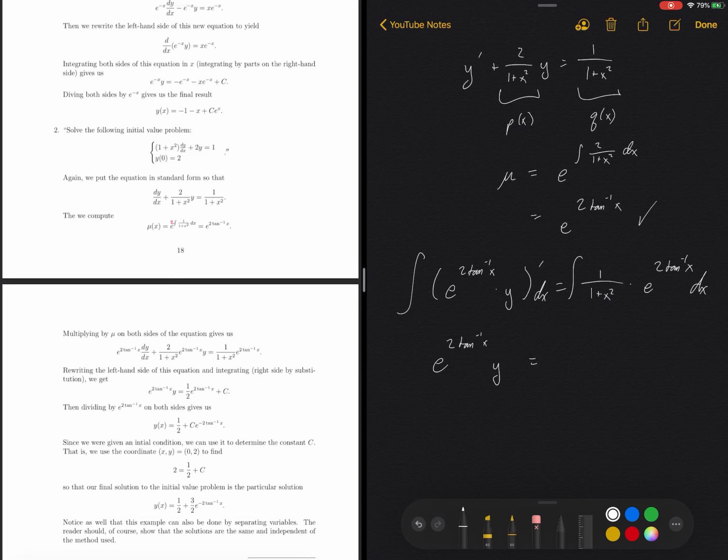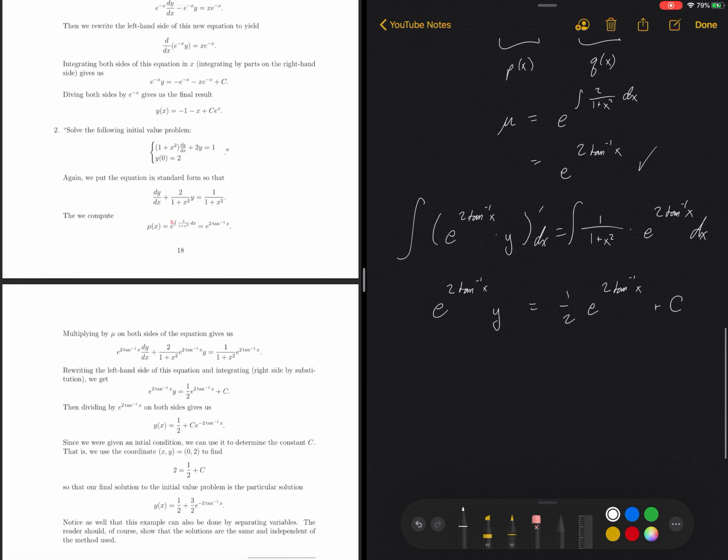On the left-hand side, super easy. E to the twice arctangent of x times y. On the right-hand side, I actually have exactly what I need for a u substitution. So you can use a u substitution on twice arctangent of x and wind up with 1/2 e to the 2 arctangent x plus a constant.